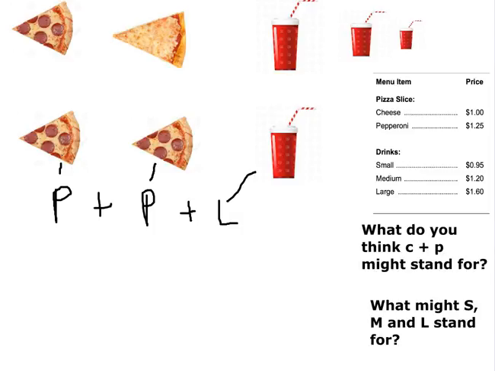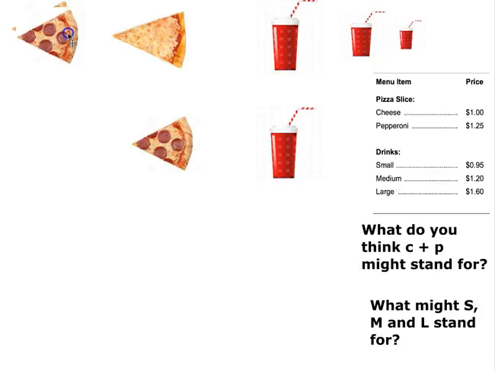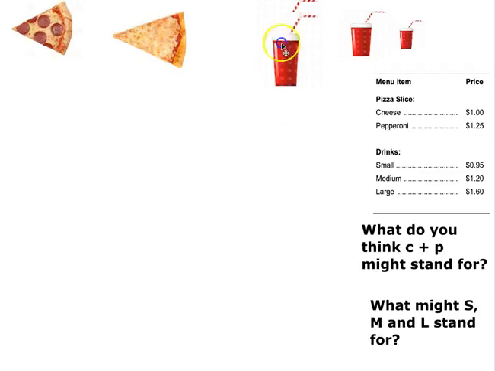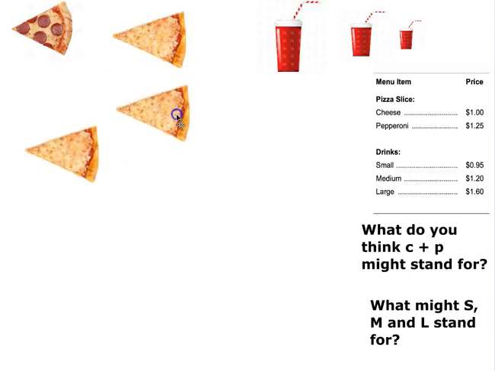So get ready. I'm going to come up with another combination, and then you're going to indicate using the variables what you would put down for that. So here we go.